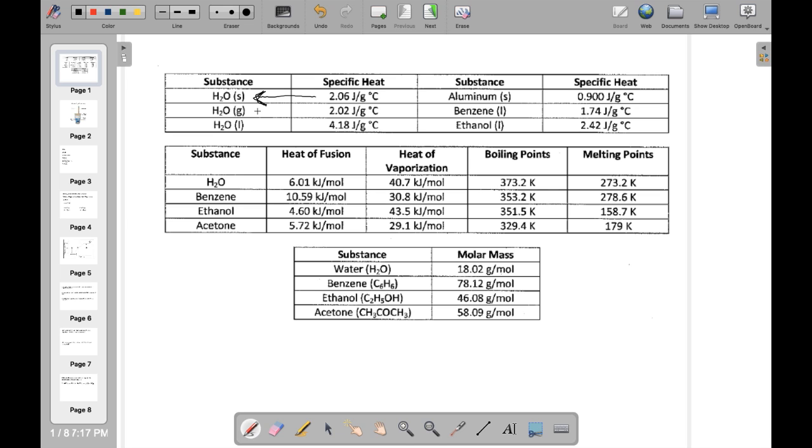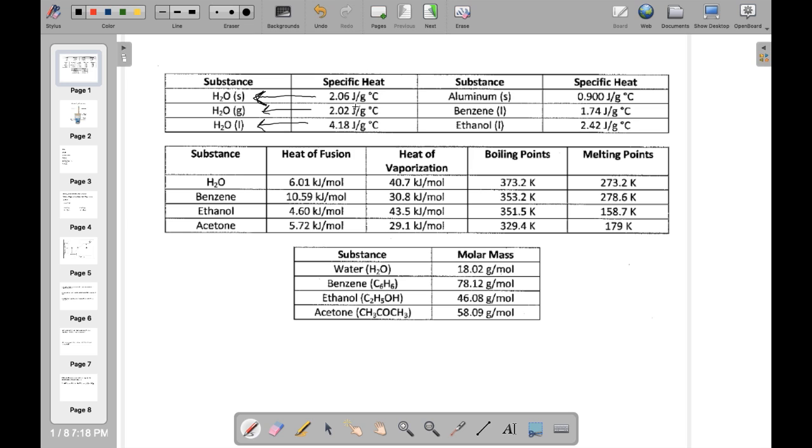But if this is water, so now it changes to liquid, it's actually a lot more energy per gram to raise that gram up 1 Celsius, and then it's slightly different for gas. Basically, these energies vary because of the intermolecular bonds between those different phases. They're going to be weaker or stronger, therefore you need more or less heat to break those bonds. And as we notice, they vary for other substances.